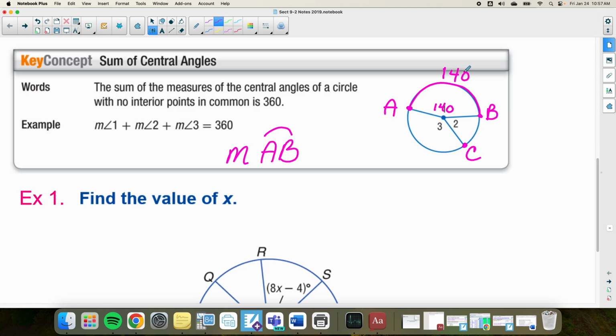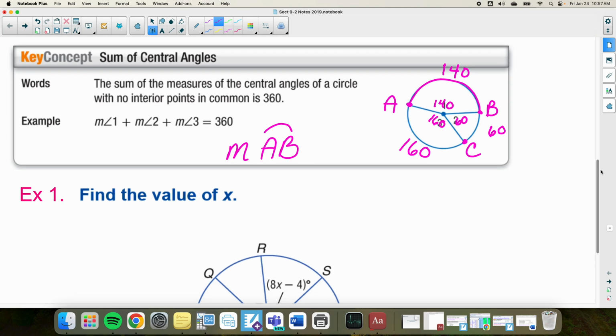So if this was, let's just say, 60 degrees, this would be 60, and if this then was 160, sorry. Because these add up to 200, this would have to be 160, and then this would be 160, okay? So what this is telling us is just the angles inside of a circle are 360 degrees.